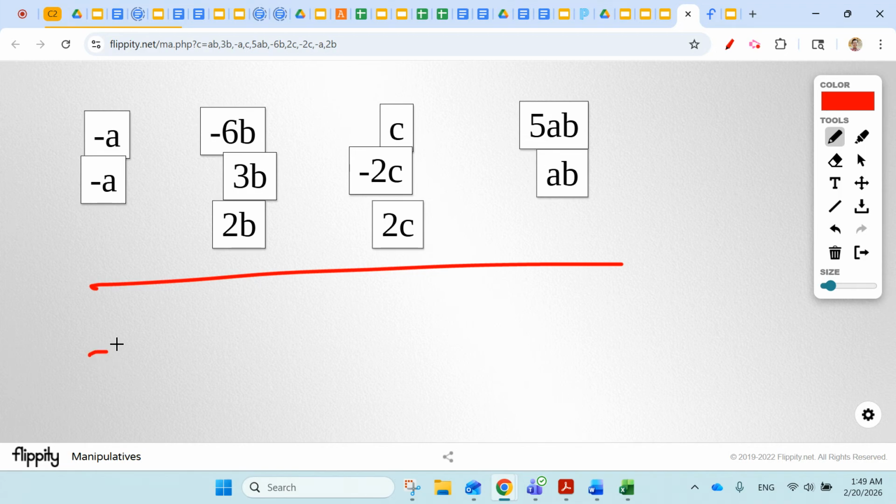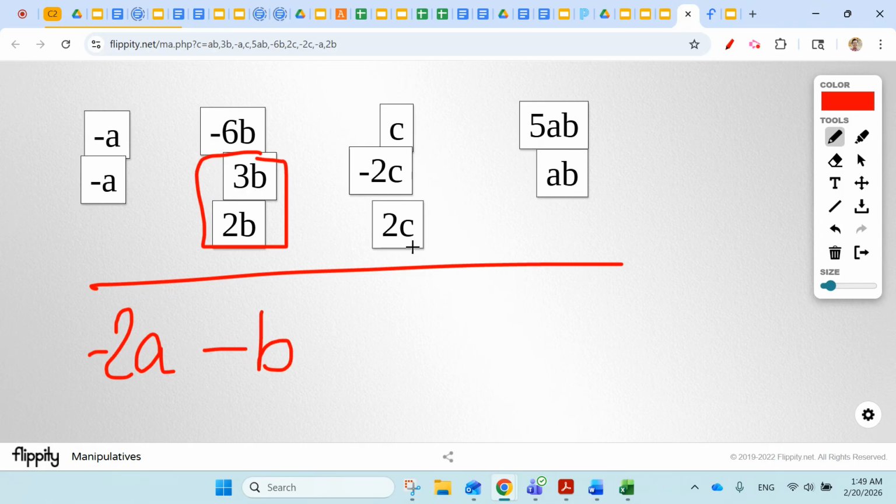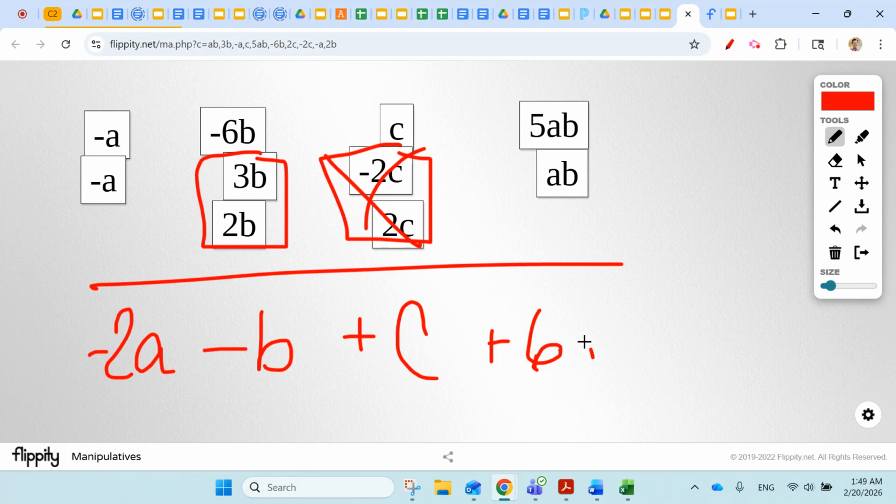Negative A and another negative A, that's negative 2A. And this is 5, so negative 6 plus 5 is negative 1B. I don't have to write the 1. These right here, they're opposites, so they're going to cancel each other out. You're just left with that C, and then 6AB.